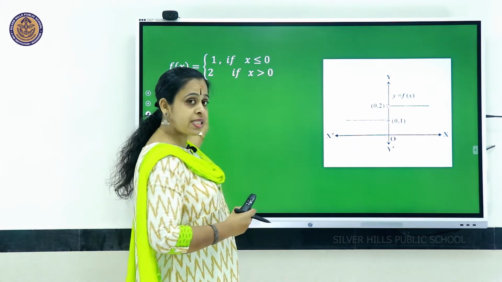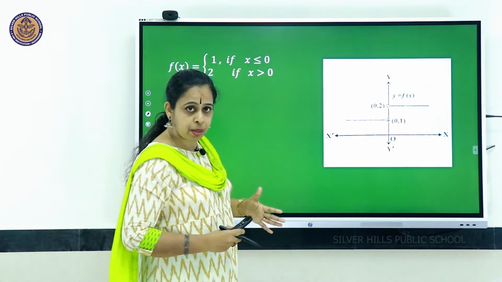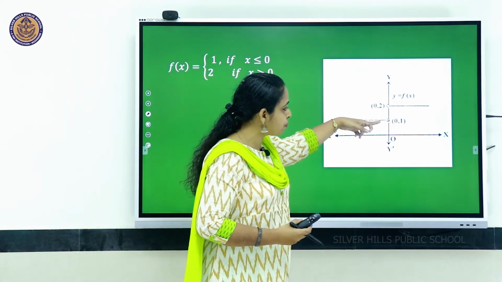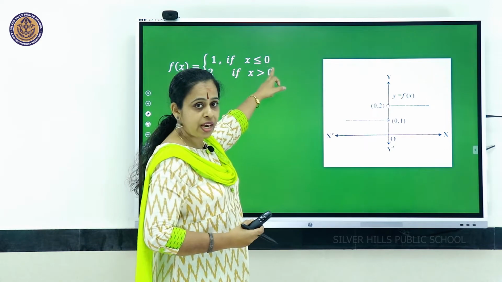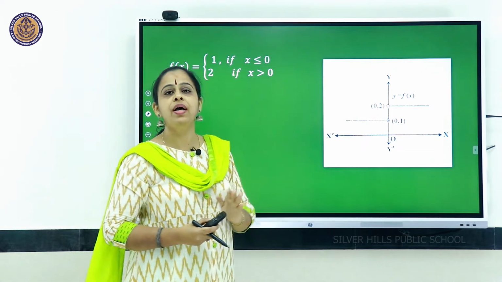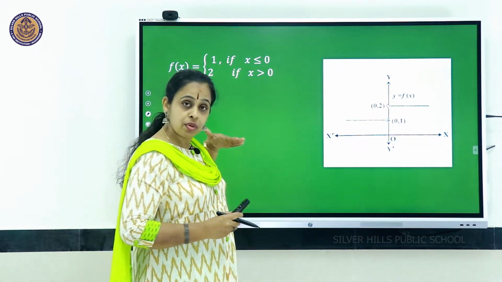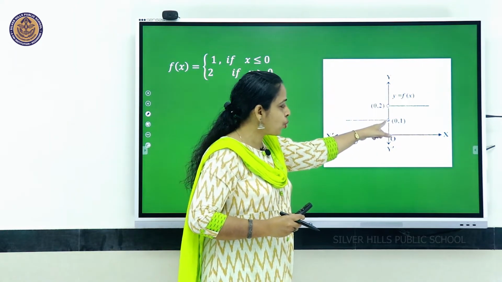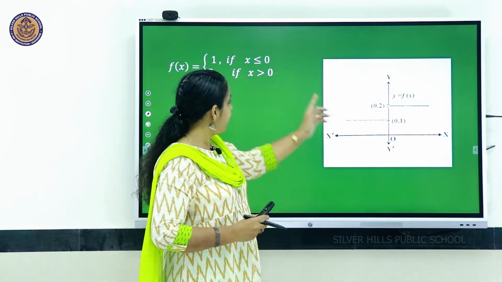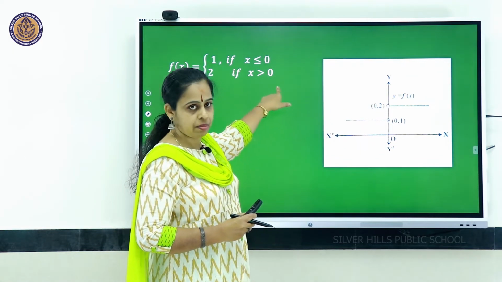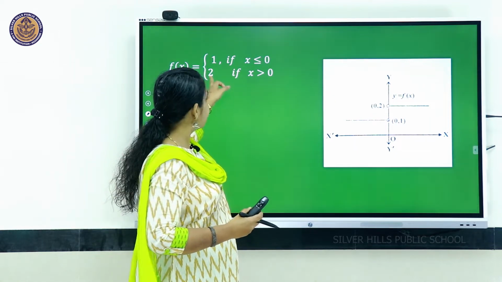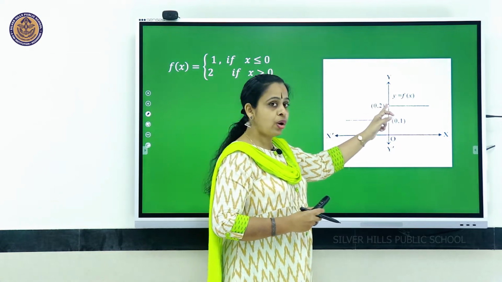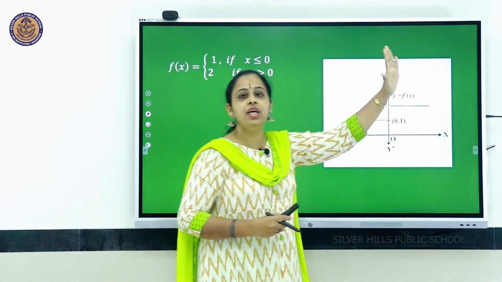That means from minus infinity, in the real plane, up to x equal to 0, it takes a common value 1. It is continuously coming. But at that point 0, it stops, then right of 0, that means more than 0, it is changing its value to 2. So, here it is a hole, from there it is having the same nature.